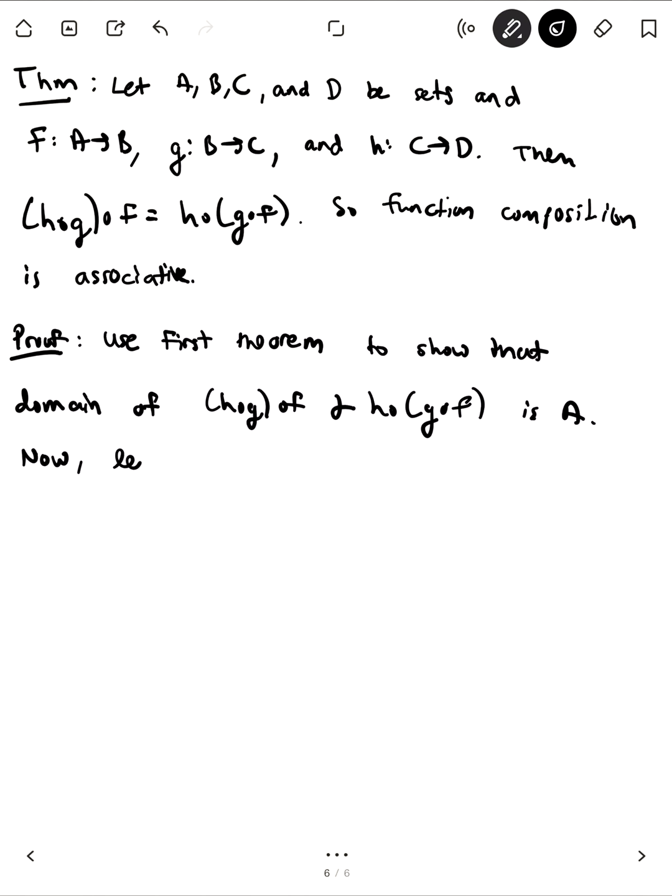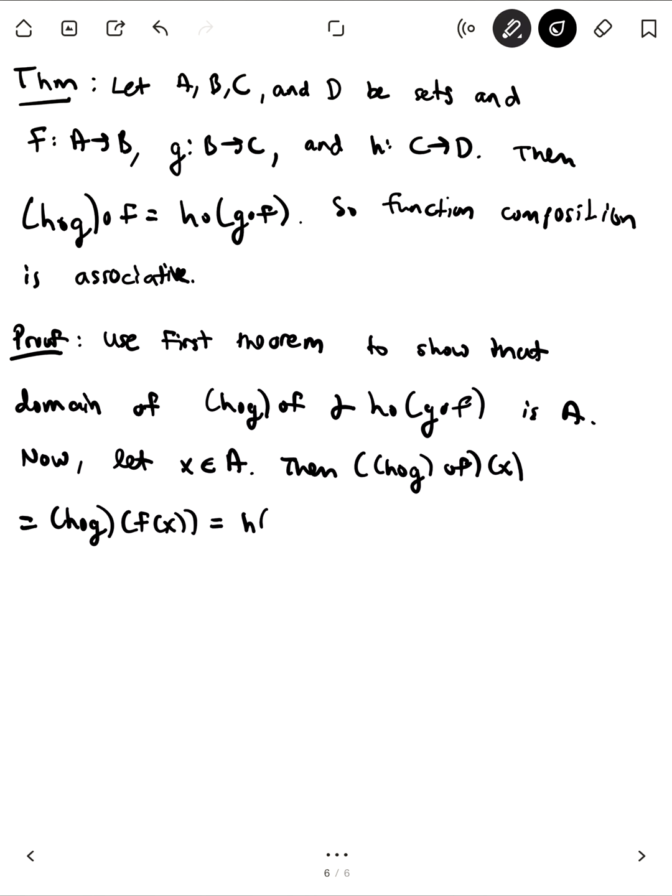Now let x be an element of A. Then this version of the function, composing h and g first and then composing with f, is going to be equal to h and g being composed and applied to f of x, right?